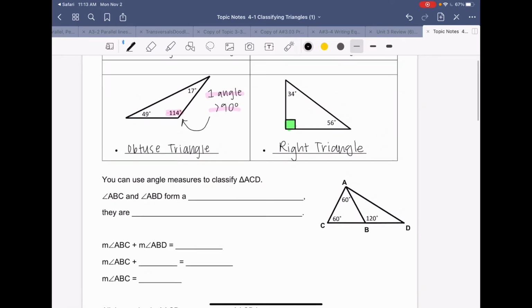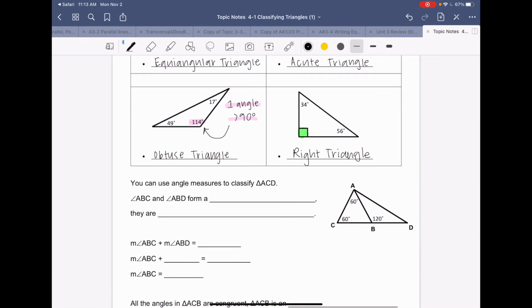Okay, so you can use the angle measures to classify triangle ACD. Okay, ABC, and ABD. So it's talking about ABC, so this angle right here, and this angle ABD.